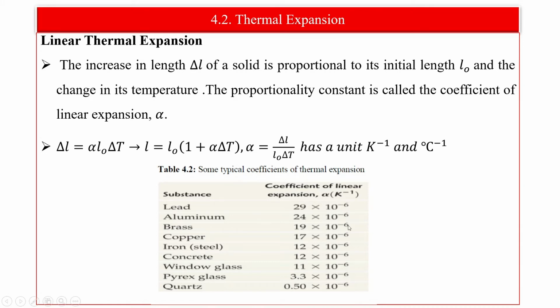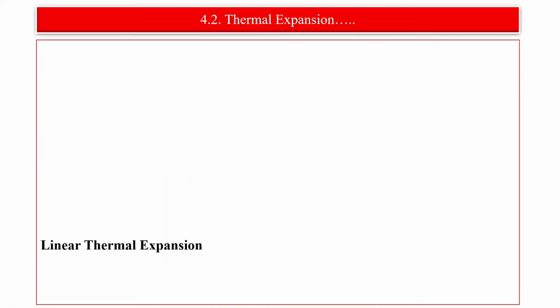Aluminum is 24 times 10 raised to minus 6 per Kelvin. Brass, copper. Whenever you calculate results, you can take one of these for the alpha value, then it's possible to find the final length having the initial length and the change in temperature value. Now let's go to the next slide.